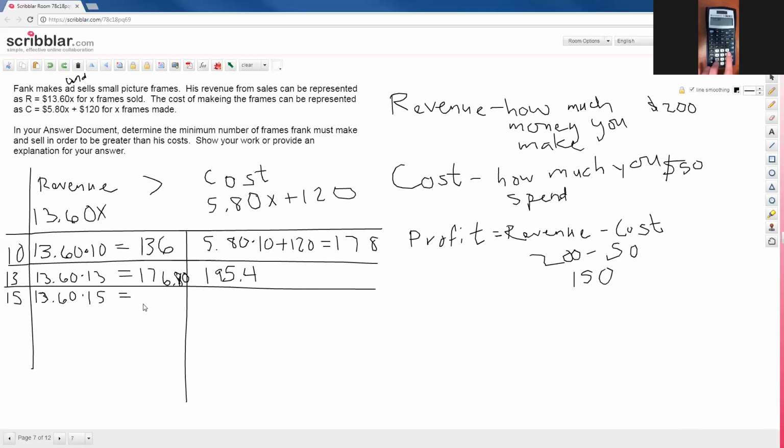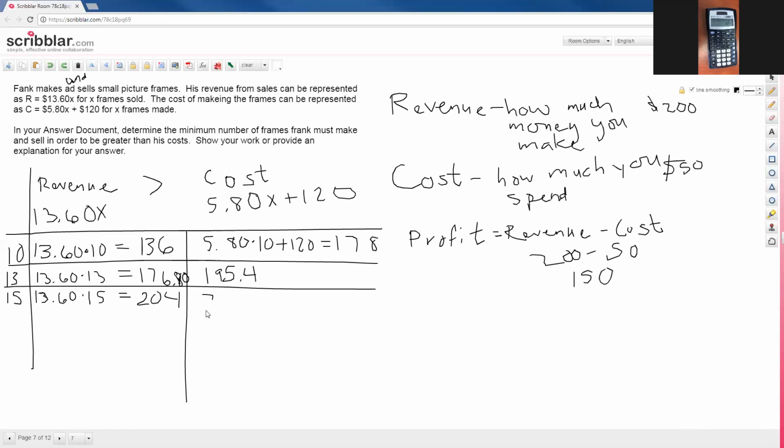So 13.60 times 15 is 204, someone says, and you are correct. Thank you. So then we do the same thing. Try 15 for 5.80 times 15 plus 120. And that gives us 207.